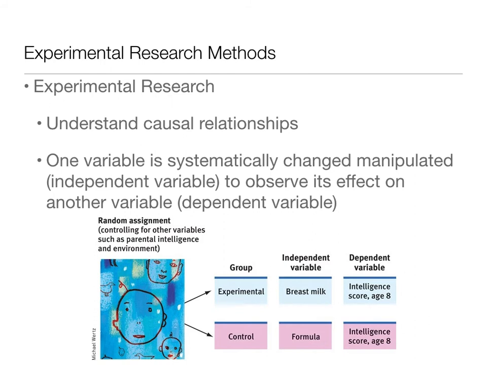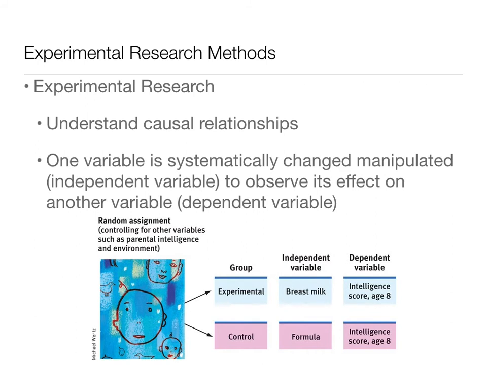So again, you're systematically manipulating one variable, in this case, the kind of milk the infant's getting, and you're measuring the effect that that manipulated variable, that independent variable, has on your dependent variable. Here, this would be intelligence at 8. And notice it says intelligence score at age 8. That's our operational definition. We didn't just say intelligence, because that could be anything. We're saying we're getting an IQ score, and we're measuring it at 8.